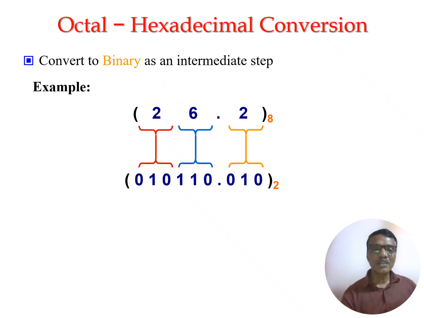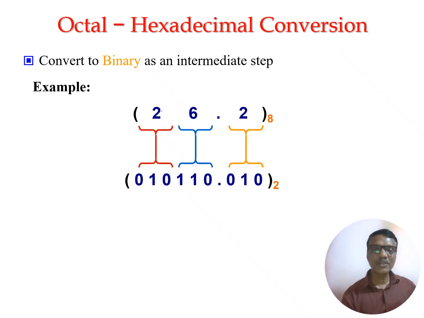Octal to binary means what we need to do: for 2 we have to write it in 3 bits, that is 0, 1, 0. For 6, 1, 1, 0, and then 2, 0, 1, 0. Okay, so here we converted octal to binary.